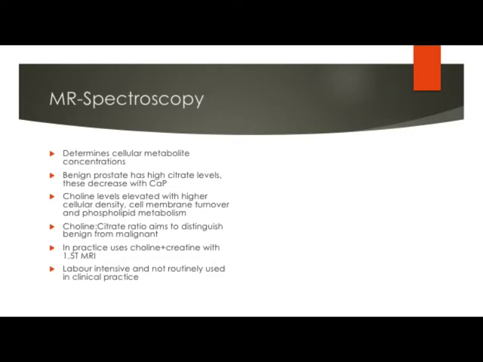So it's the choline citrate ratio that aims to distinguish benign lesions from malignant lesions. In practice, most MRI machines are 1.5 Tesla, so they also look at creatine because it's difficult to distinguish between the two.